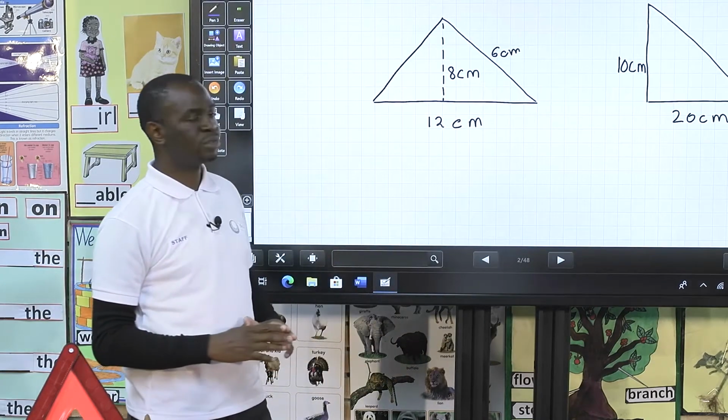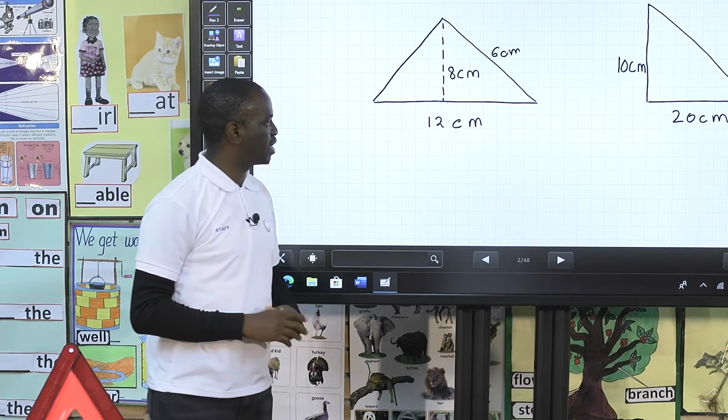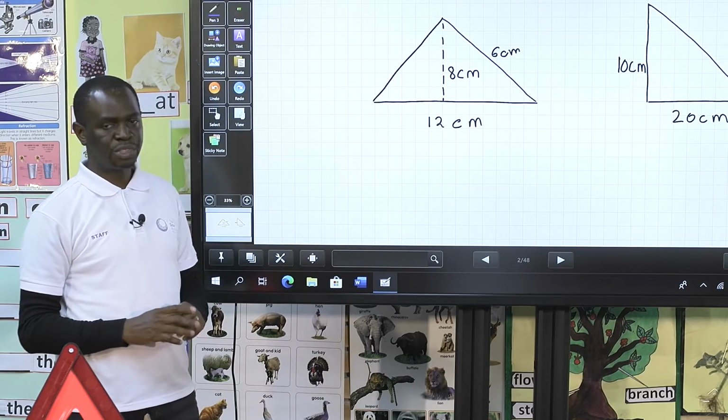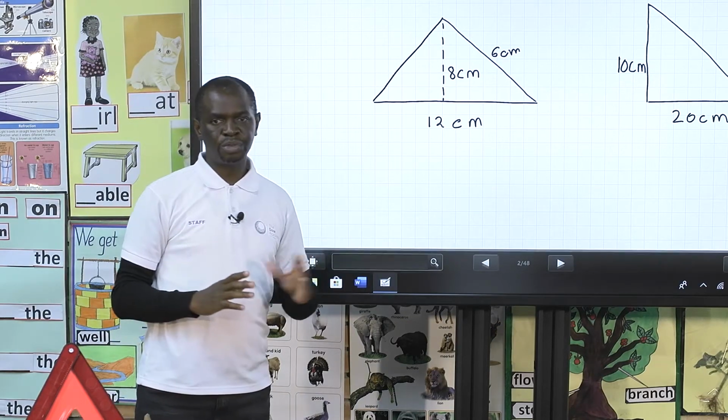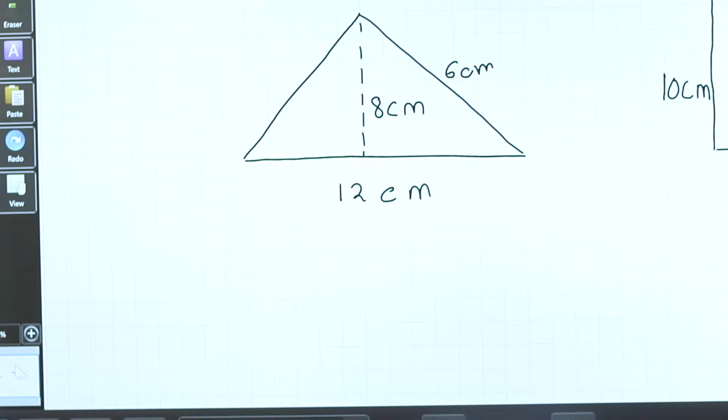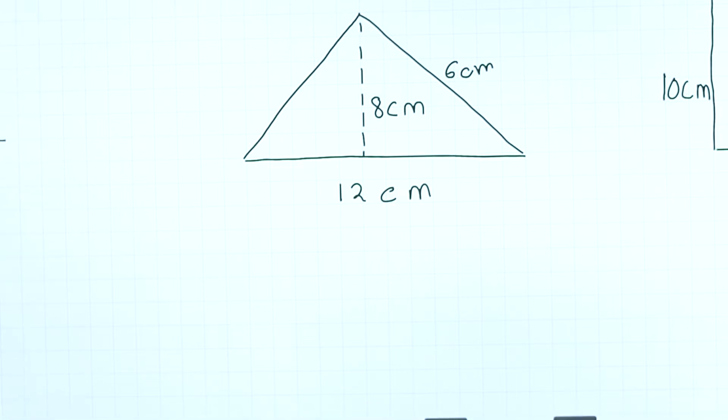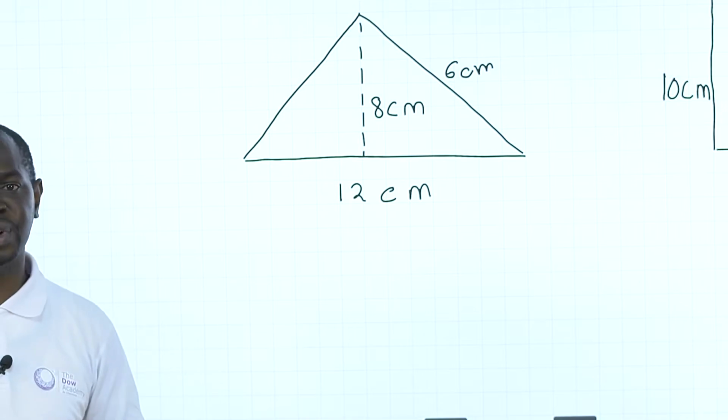And here we have 2 beautiful triangles that are on the board. We'll still calculate the area of these triangles, but we'll still go through the same process. We're going to calculate the area of the next triangle that we have here on the board, and I want you to pay attention and see how far we can go with the second one.